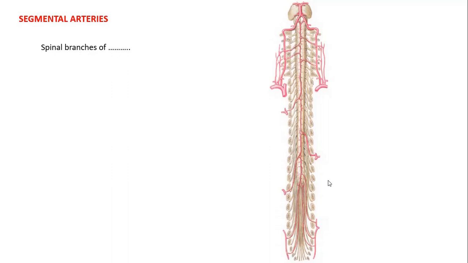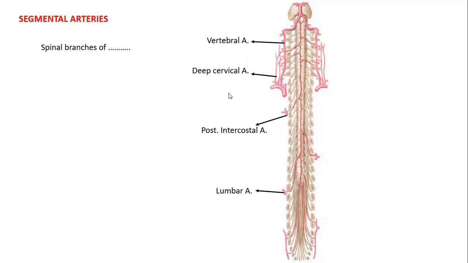So segmental arteries are derived in a craniocaudal sequence from the spinal branches of the vertebral artery, deep cervical artery, posterior intercostal arteries, and lumbar arteries.